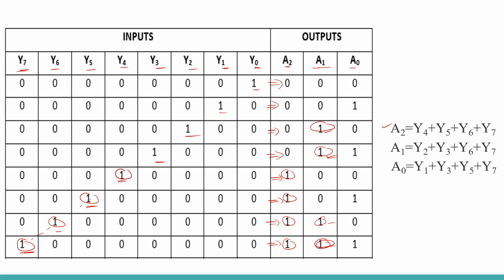In the same way, A0 is active high for Y1, Y3, Y5, Y7. Therefore, their respective equations are shown here.